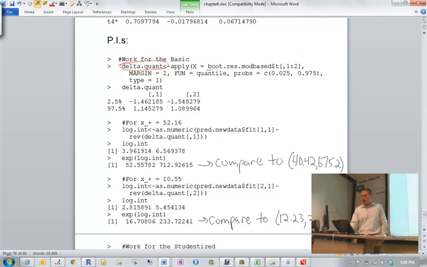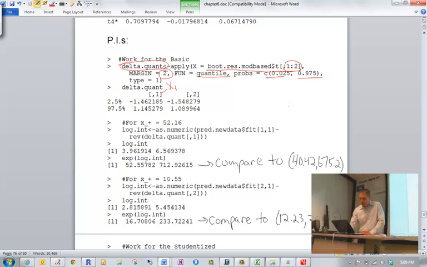So I'm going to pull out of column 1 and column 2 of my boot.res$t, so it's going to be 2 columns. I'm going to apply the quantile function to both columns, so I have margin equal 2 there. And I'm going to try to find the 0.025 and 0.975 quantiles. And this is what I get.